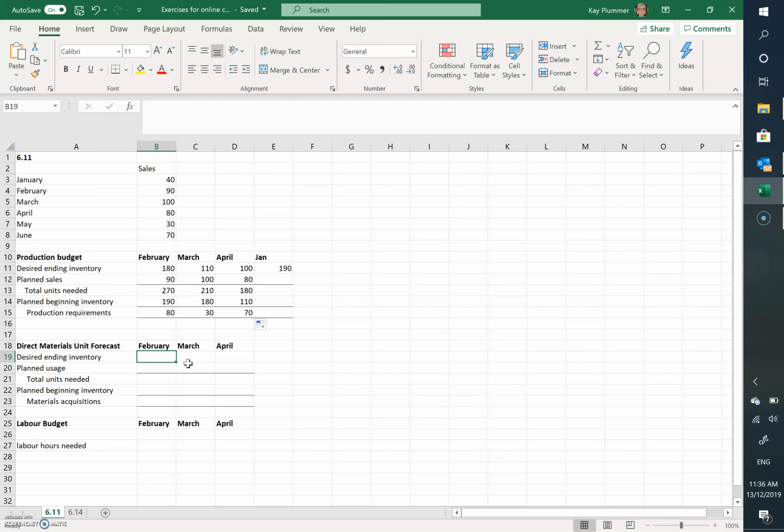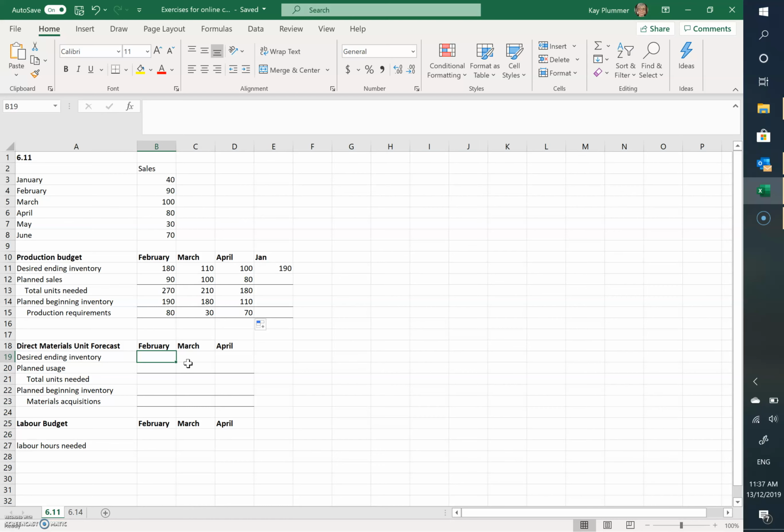So to work out our desired ending inventory for our materials unit forecast, it's going to be 3 times 80, but we're also told we want to have an ending inventory of raw materials equal to half of the current month's usage.